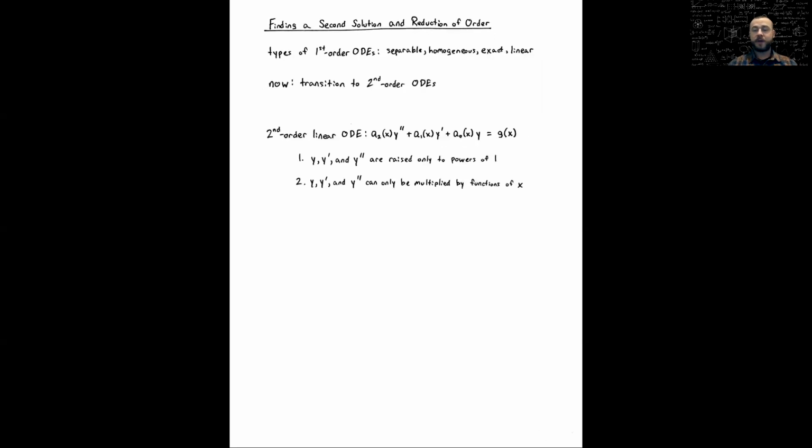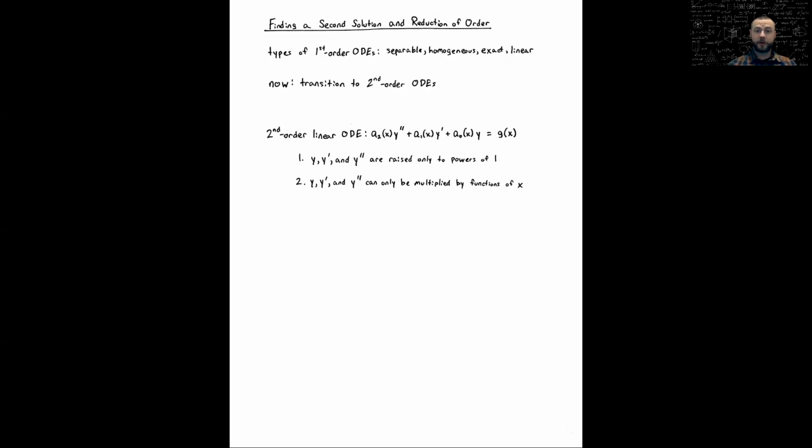All right, now some things to point out that make this linear. y and its derivatives are raised only to first powers, and y, y prime, and y double prime are only multiplied by functions of x.